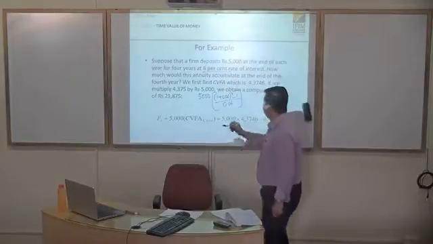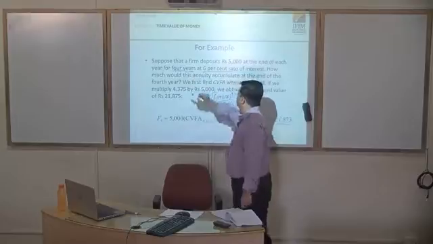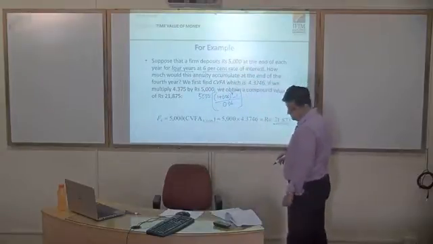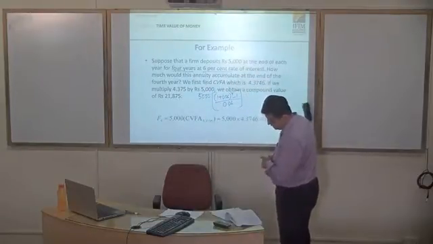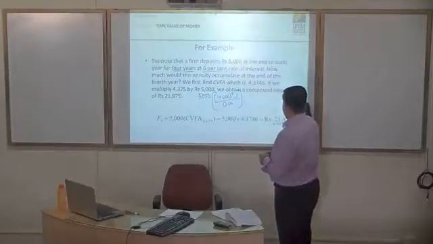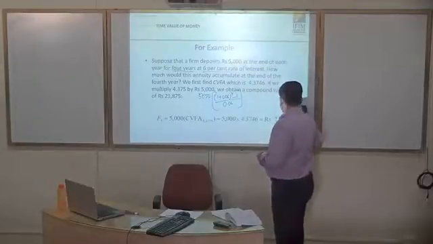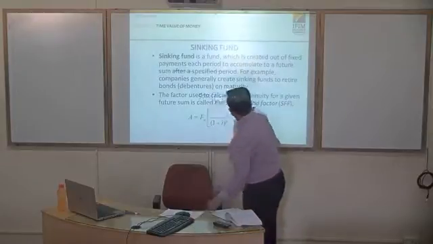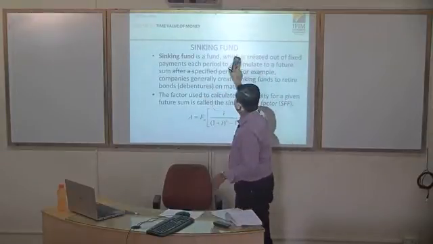That's 4 years, so to the power of 4. So that gives you 4.3746 into 5,000, 21,873. Clear?